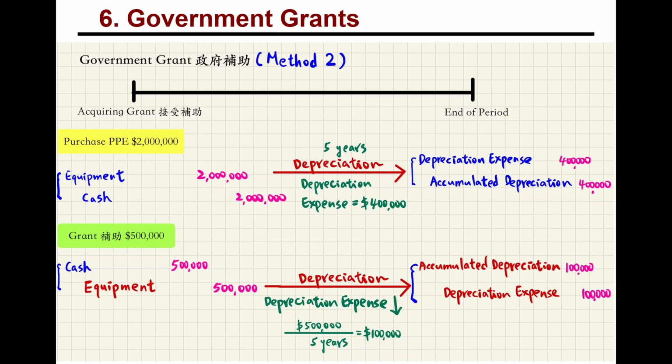Then we use the grant from the government to make our cost of equipment decrease. Same method, okay? Matching principle, we use the same method. So we use the straight line method: 500,000 minus residual value 0, divided by 5 years. So each year your depreciation expense decreases $100,000. Okay? Any questions?